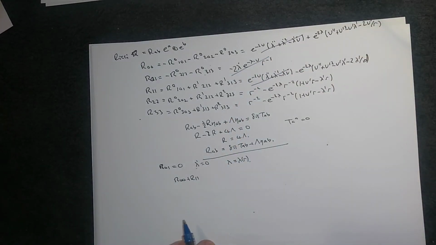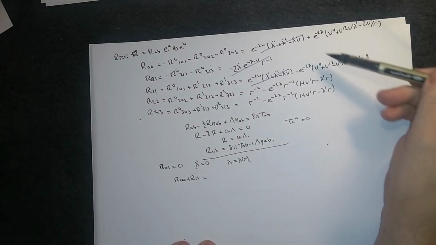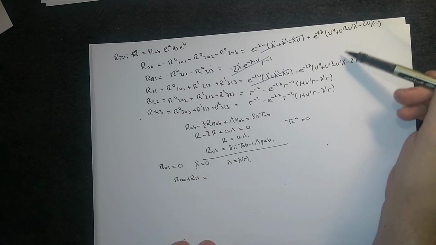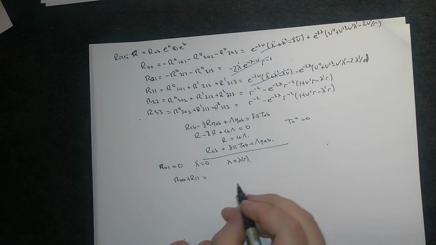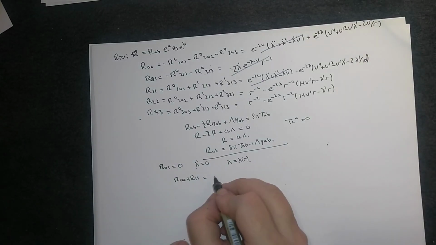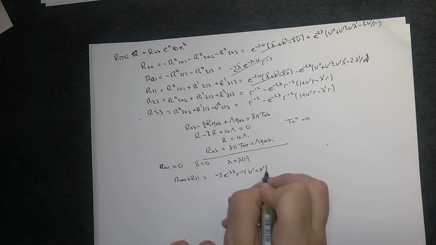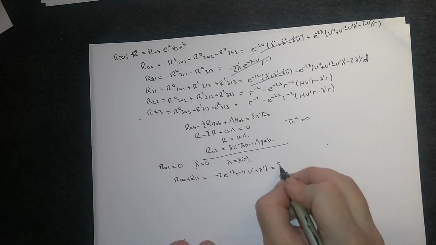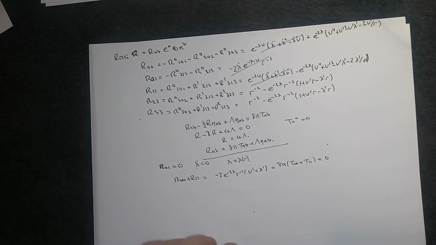That's now gone. So we just get lots of cancellation. Here we get a nu and a lambda. So we get minus 2 e to the minus lambda r to the minus 1 nu prime plus lambda prime. And that's equal to 8 pi T00 plus T11, which is 0.